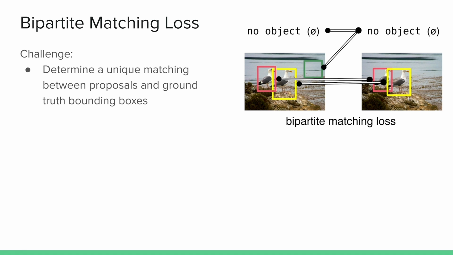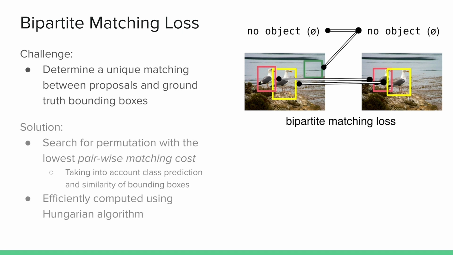We start off with the bipartite matching loss. So the challenge is, when we formulate object detection as a direct set prediction problem, how do we determine a unique matching between the proposals that the network generates and our ground truth set of bounding boxes? Because ideally we want to have a unique assignment here, and it shouldn't depend on the order in which elements appear.